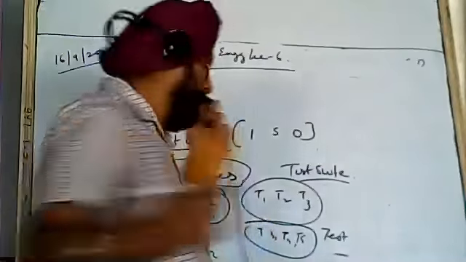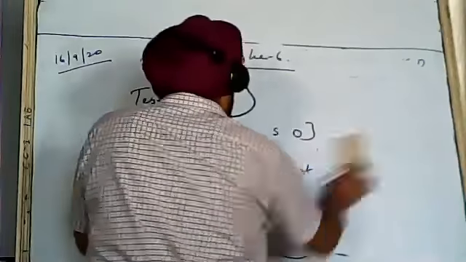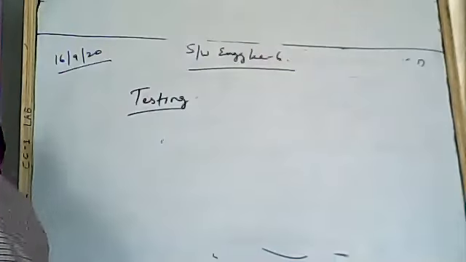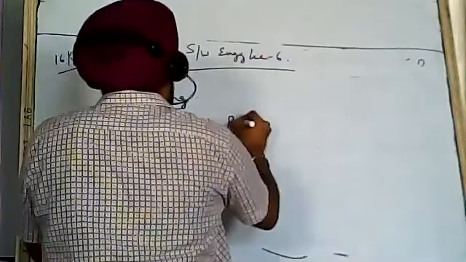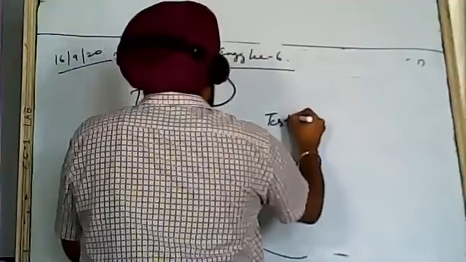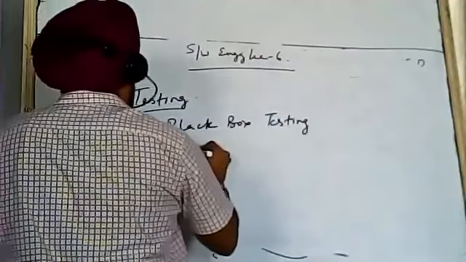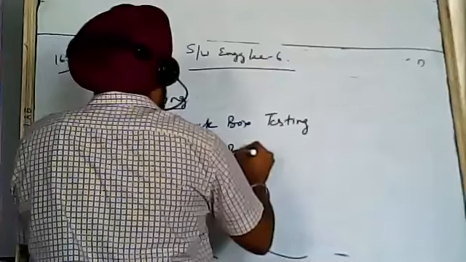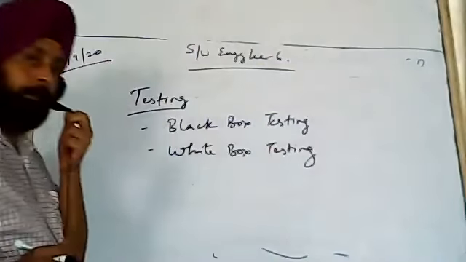There are two types of testing. One type is known as black box testing, and another type is known as white box testing.